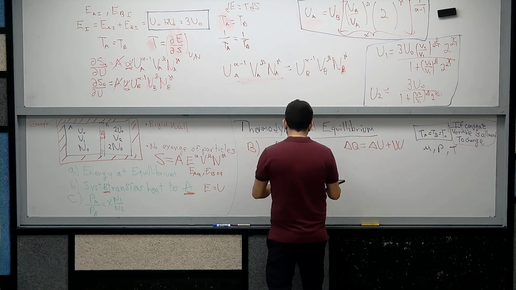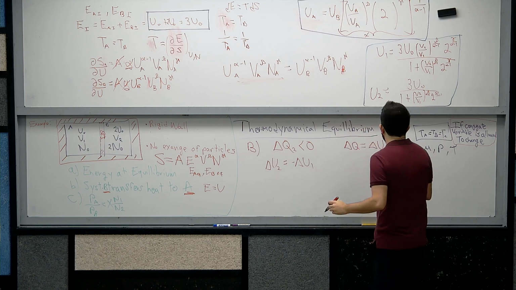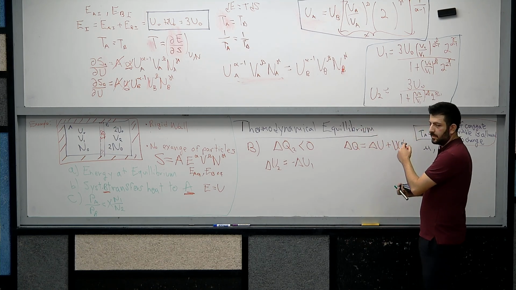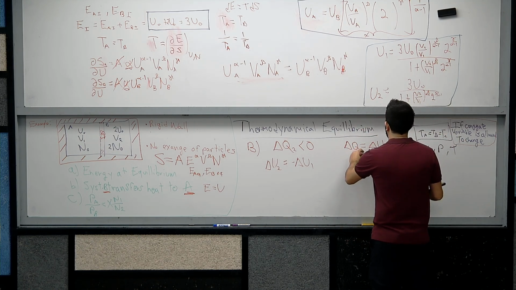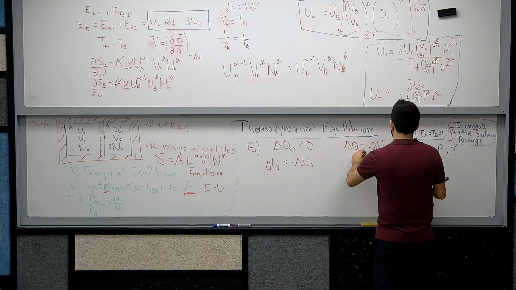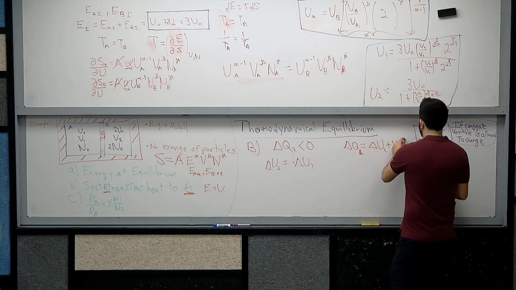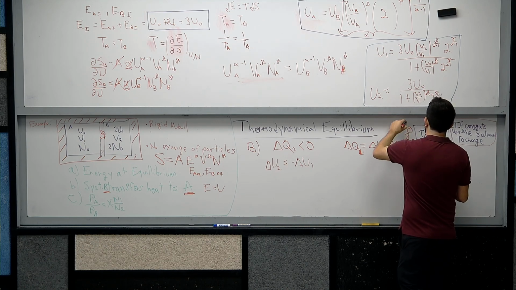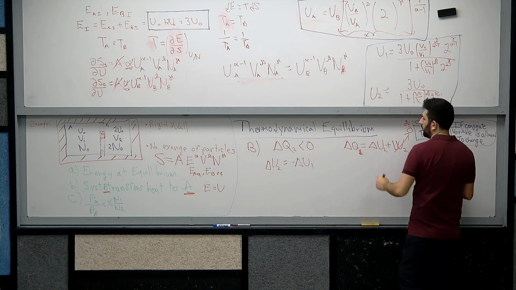Okay. What's the amount of work that system 2 makes? Let's put here 2. No work. Why? No change in volume. Right? dV is 0. Perfect.